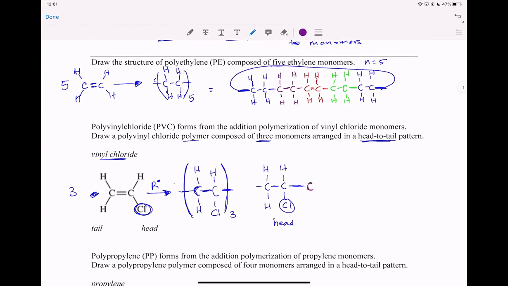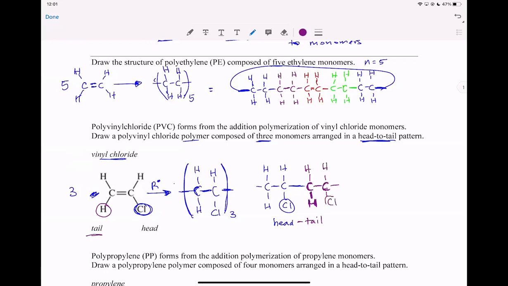I want it to be bonded to the next monomer as 2 purples, and then the tail. So what is the tail of the next monomer? The tail of the next monomer has to be a hydrogen. So this tail that it's bonded to is a hydrogen there. And that means the rest of it are the hydrogens, and then this is the head of that.